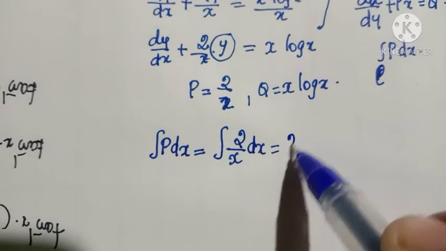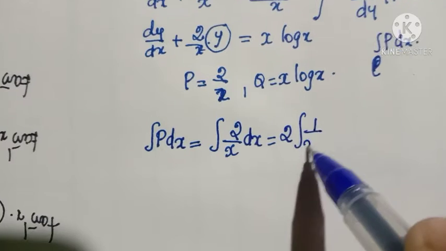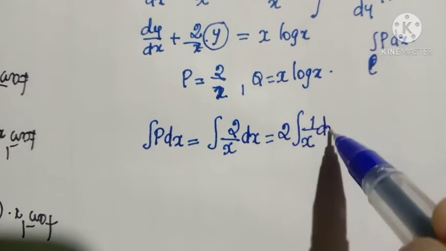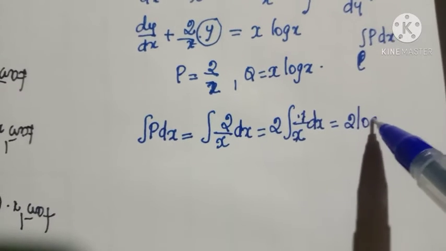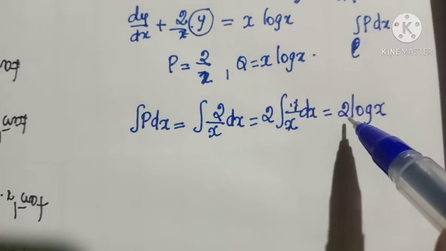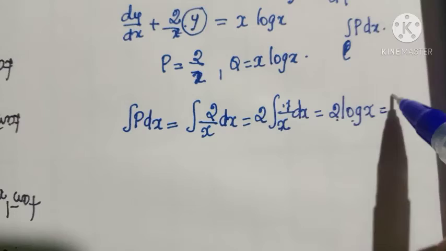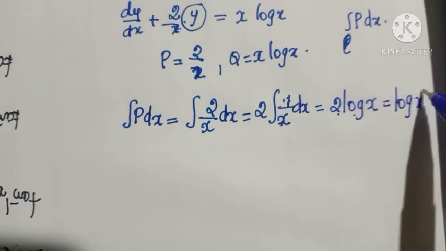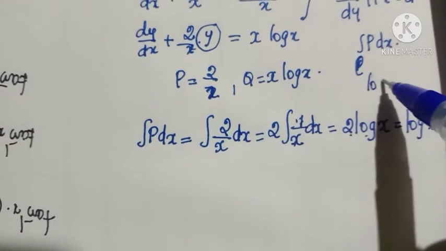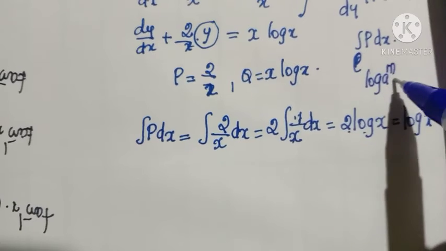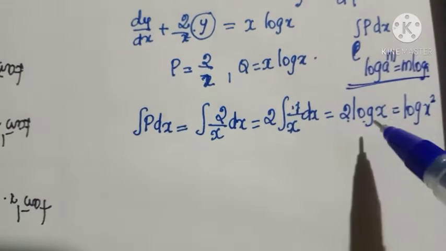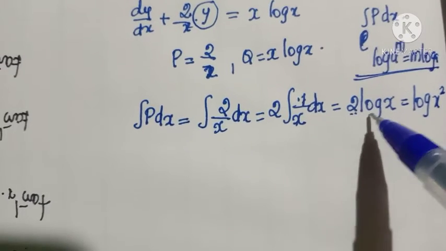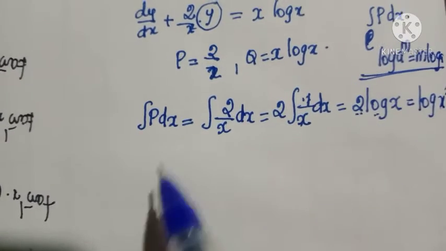Here 2 is constant, so take it outside. 2 into integral 1 by x dx, and integral of 1 by x is log x. So this is 2 log x, or it is log x square, because we have a result log a raised to m is m into log a. So using this result we can write 2 log x is same as log x square.